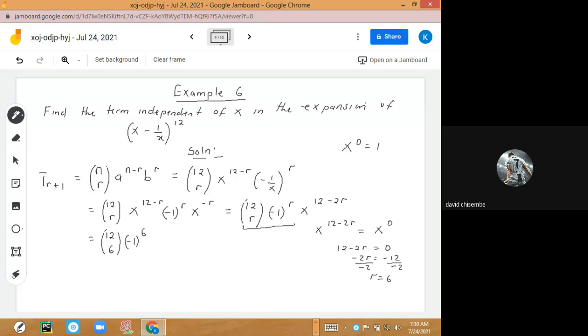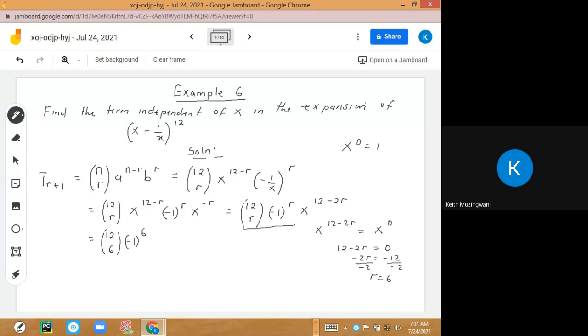My network cut. Sorry. So for you to get R, you get back to the question which says the term independent of x. The term independent of x is the term without x. And the term without x, when the x is appearing there, is a term whose power of x is 0. Because x power 0 is 1, and 1 doesn't have any x.